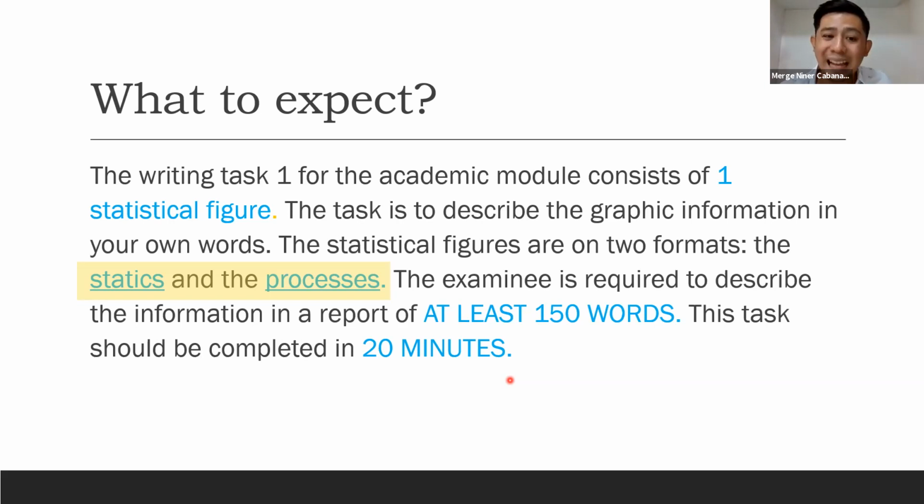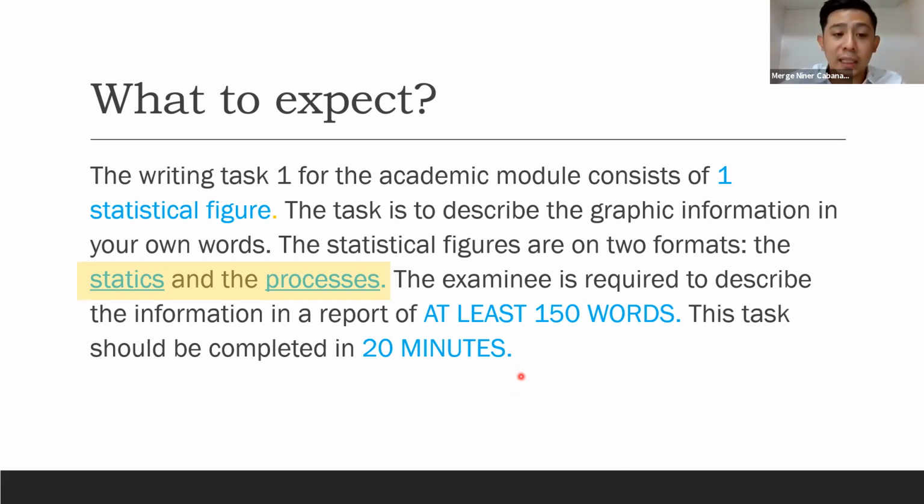And to be honest, in processes, this is my personal opinion. My opinion could be different from yours, and your opinions could be different from others. This is just my share of the pie. I find processes generally easier to write about as compared to statics. You know why?